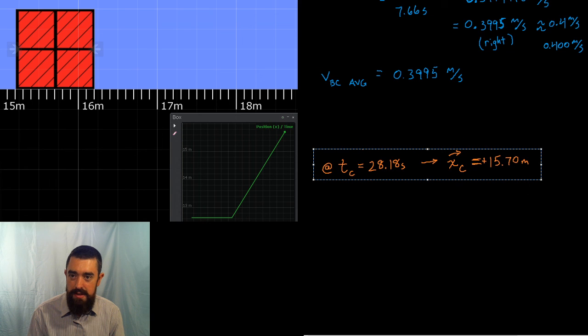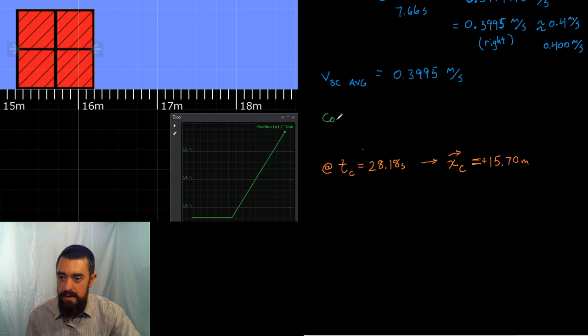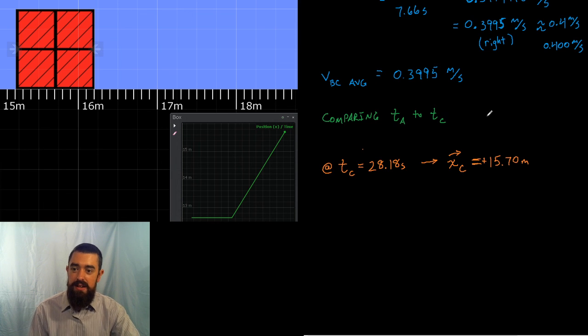So let's write, we're going to call this comparing time A to time C, because we just did from time A to time B. We did from time B to time C, but let's do from time A all the way to time C.